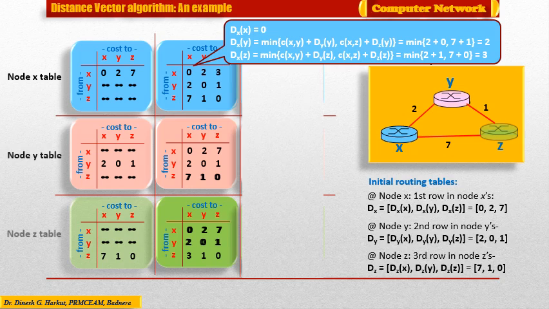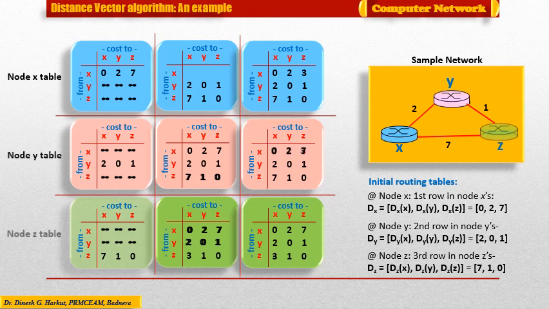After the nodes recompute their distance vectors, they again send their updated distance vectors to their neighbors if there has been a change. Since there is a change in the distance vector of node X, it will send the updated value of its own distance vector to neighboring node Y and neighboring node Z. Updating routing table entries from the second column to the third column and so on.